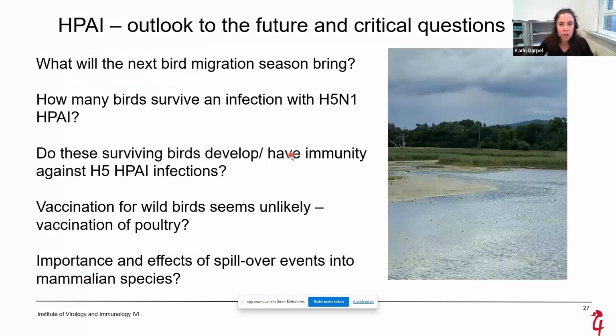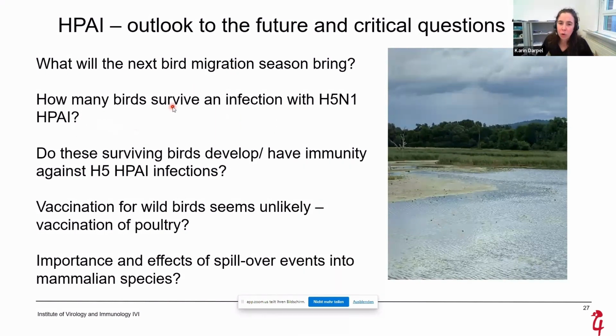So what is our outlook for the future, and what are the critical questions which we are all considering? Well, first of all, what will the next bird migration season bring? And one question which we ask ourselves frequently is, how many birds actually survive an infection with H5N1, highly pathogenic avian influenza?